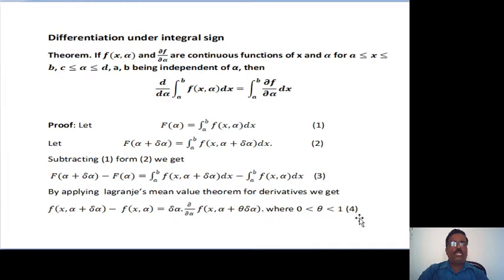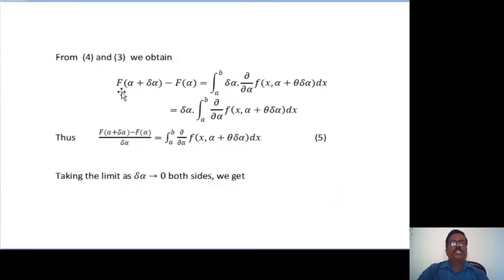Next, from 3 and 4 we write F of alpha plus delta alpha minus F of alpha is equal to integration from a to b delta alpha into dou by dou alpha of f of x comma alpha plus theta delta alpha dx. Now taking delta alpha common, we get delta alpha integration from a to b dou by dou alpha f of x comma alpha plus theta delta alpha dx.